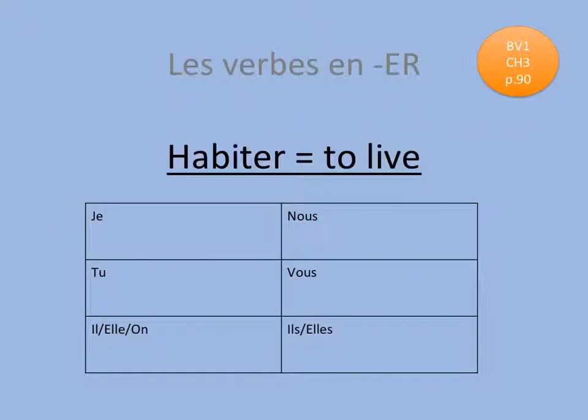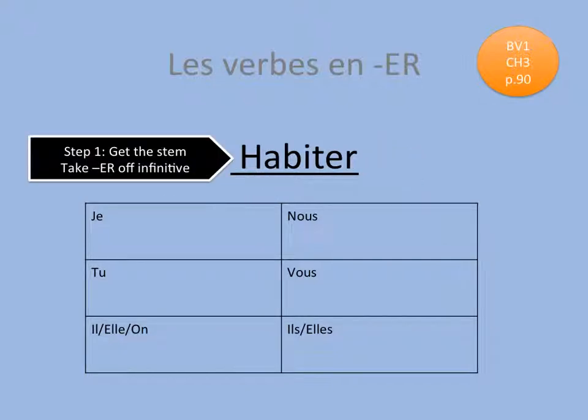Let's try another verb, habiter. Habiter means to live, and it's going to use the same chart as before for conjugation. So habiter is a regular ER verb. It ends in ER, and habiter is the infinitive. So step 1, we need to get the stem by taking off the ER from habiter.